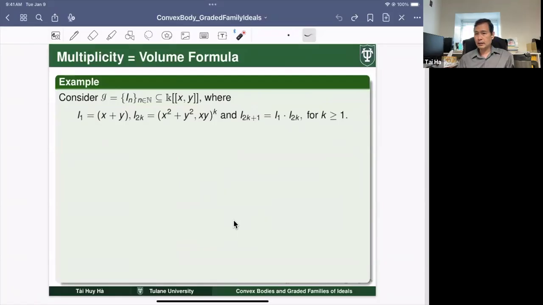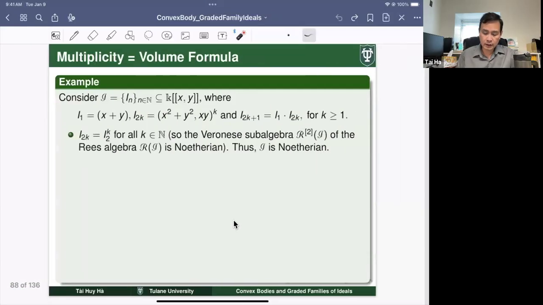So this is a family of ideals again in two variables, where I1 is given by x plus y. The even elements are just (x squared plus y squared, xy) raised to the power k, and then the odd element is just I1 times the previous even element inside the family.